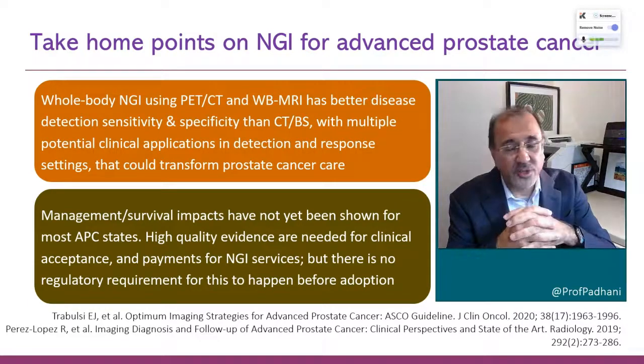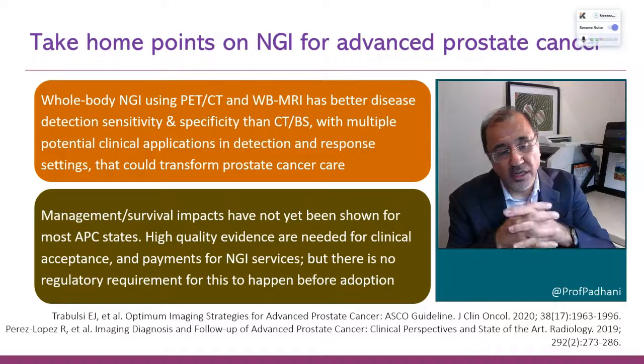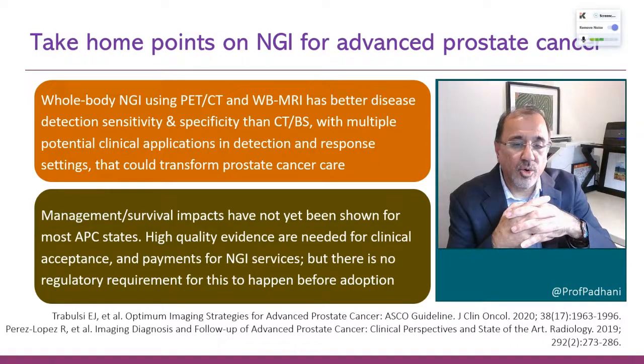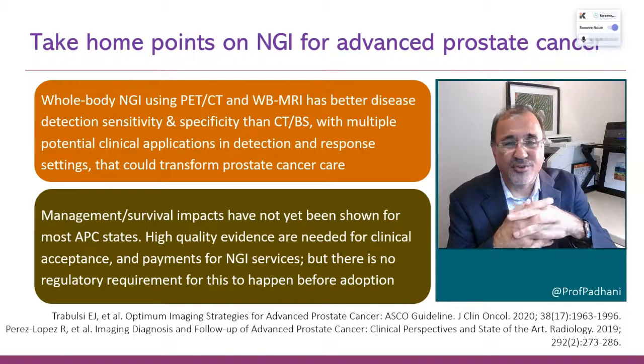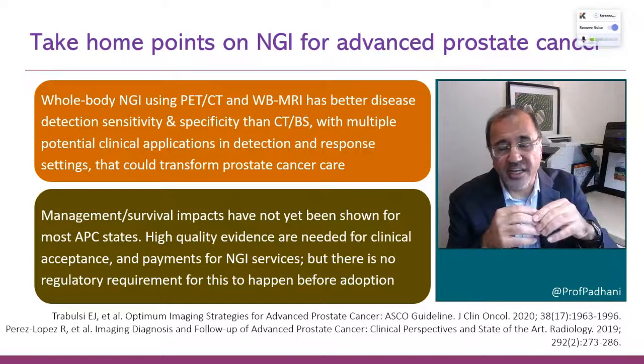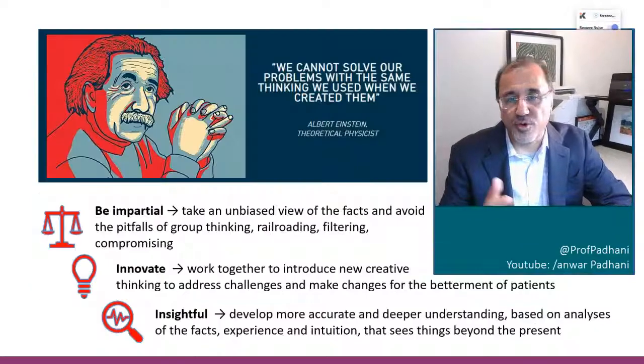However, management and survival impacts of these next generation imaging technologies have not yet been shown for the majority of the APC states, and we need higher quality evidence for greater clinical acceptance and for payments for our next generation imaging services.